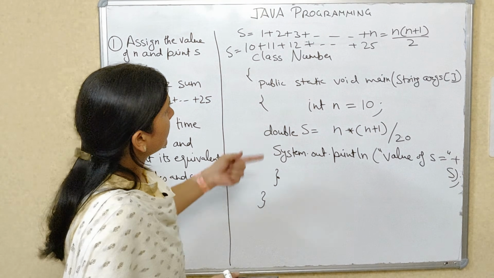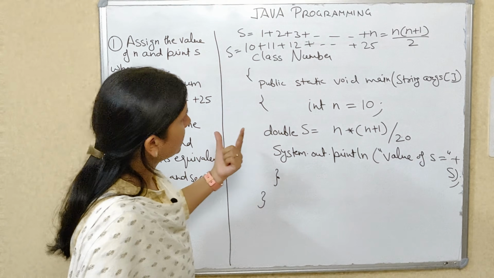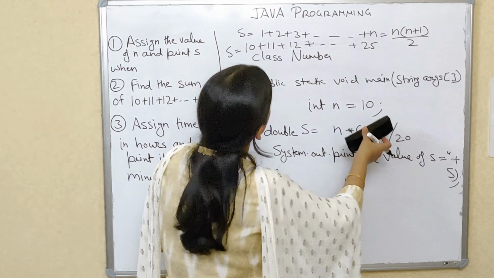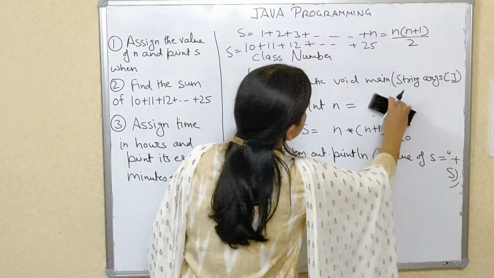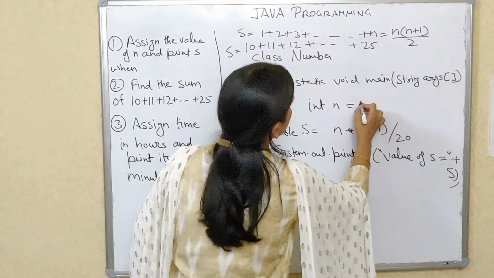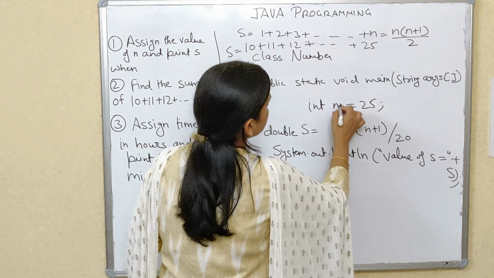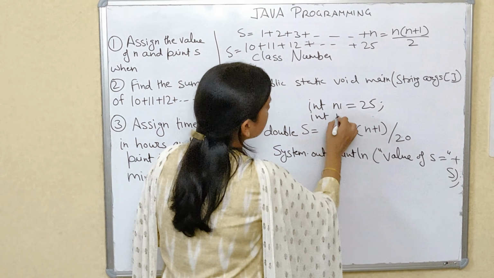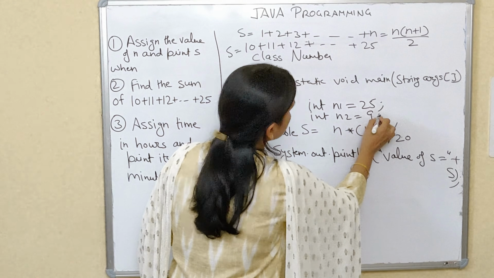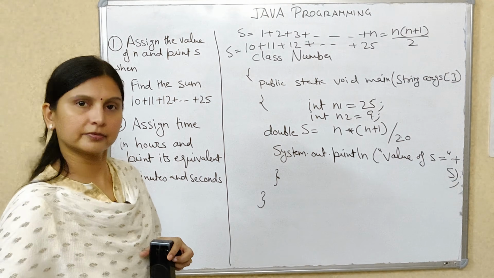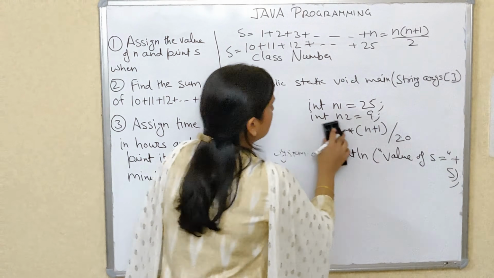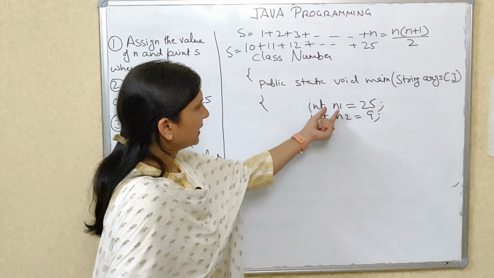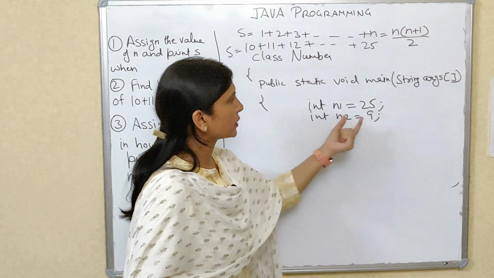So let's start. Same class I am taking here, main. Now instead of n equals 10, first I will take int n1 equals 25. Fine. Then I will take one more variable, int n2 equals 9. Fine. We have taken two variables, n1 equals 25 and n2 equals 9.